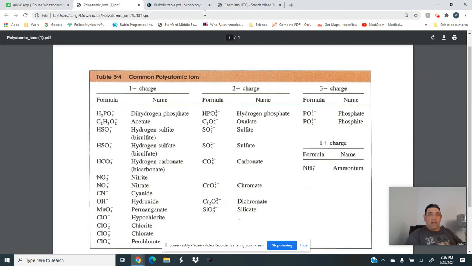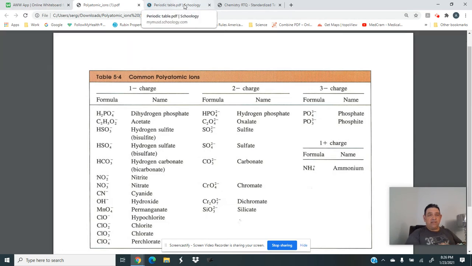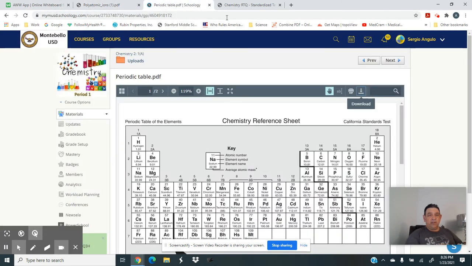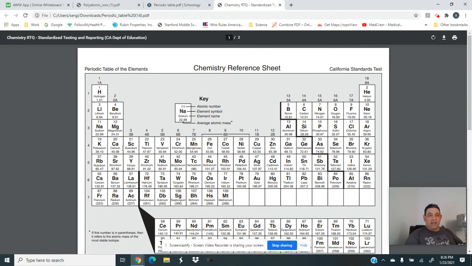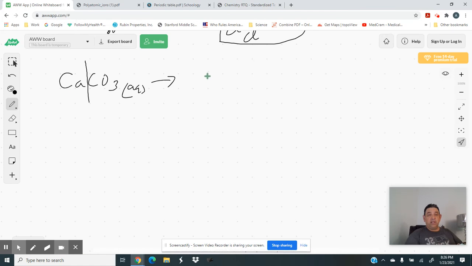Going to the periodic table, Ca is calcium, and it's in column 2, so that tells you it's got a +2 charge. So calcium gets a +2 charge, and carbonate gets a -2 charge.